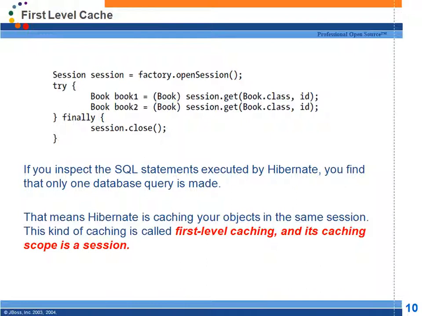One query. Whenever I use session.get, this query will be fired, and the book object is in the first level cache. The second time, it will get it from the cache. If you inspect the SQL statements, you find that only one database query is fired. That means Hibernate is caching your objects in the same session. This kind is called first level caching.